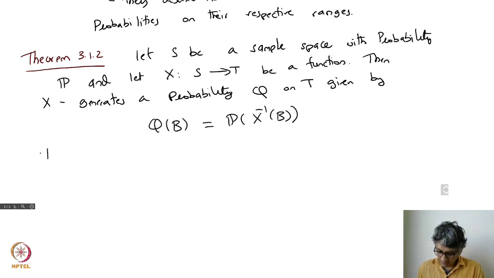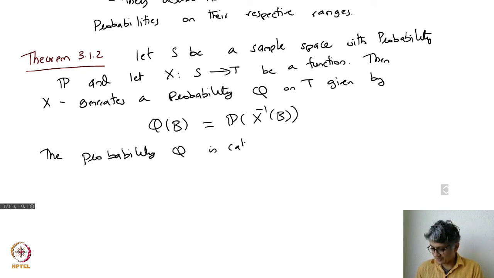The probability Q is called the distribution of X.